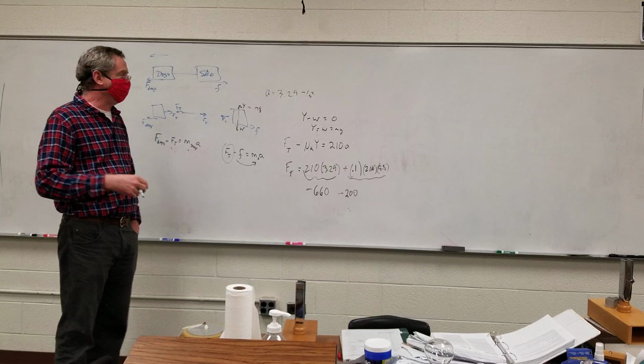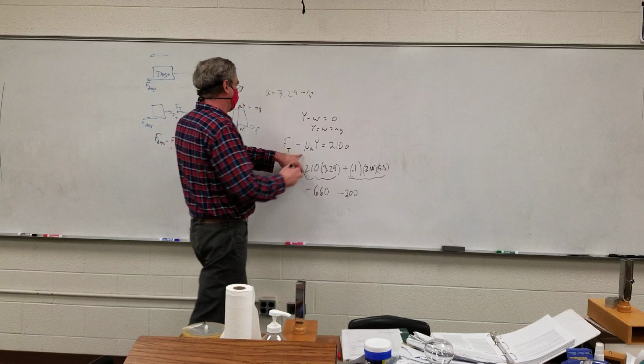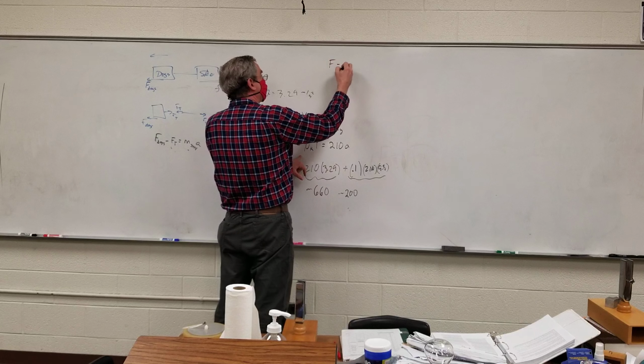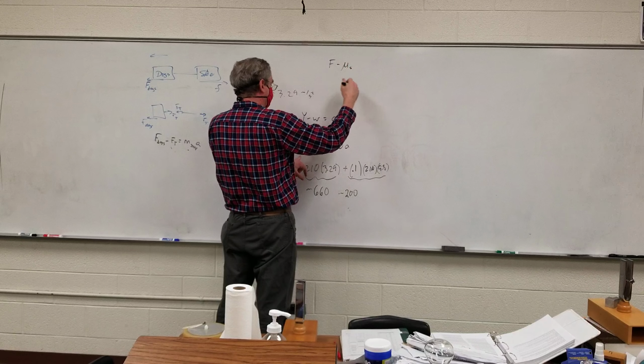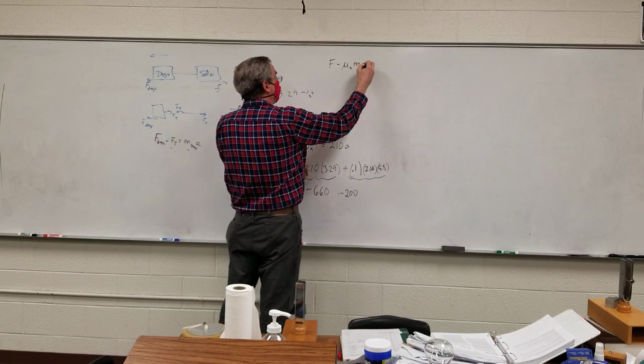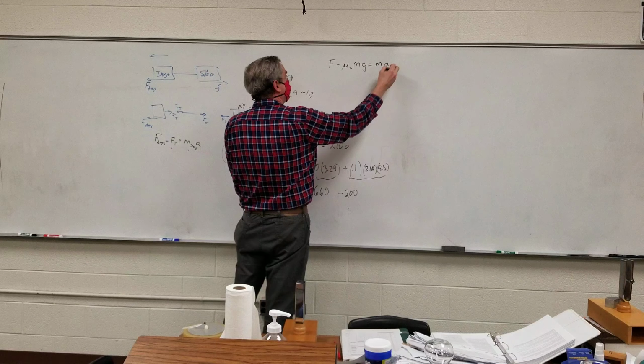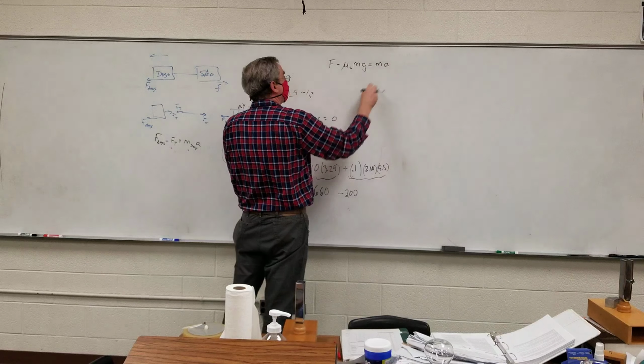It is, and what they've done here is, we have tension minus mu s mg is equal to ma. So the tension therefore is ma plus mu s mg, which is m times a plus mu s g, which I assume is what they did.